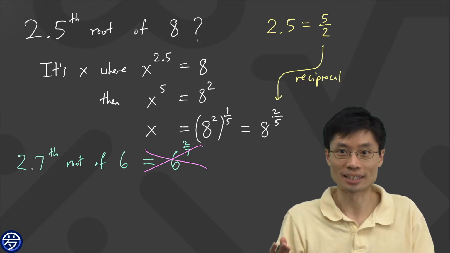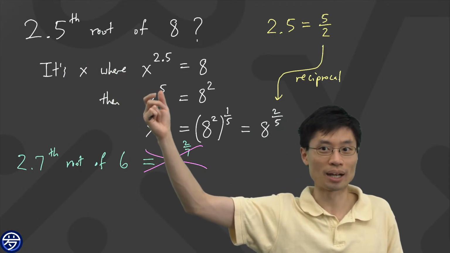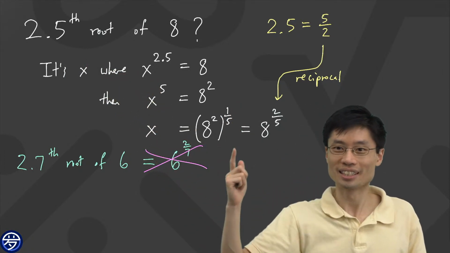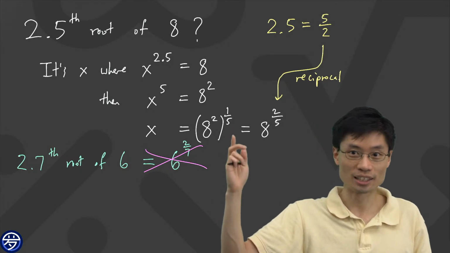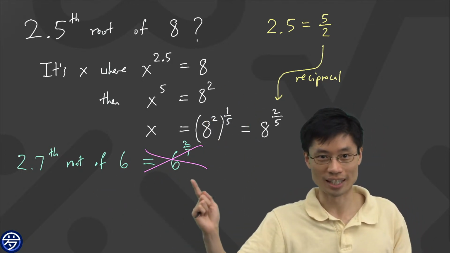That makes sense, because if I want the 2.5th root of 8, that should be 8 to the power 1 over 2.5, the same reason why the fifth root of 8 is 8 to the power 1/5. So of course it's the reciprocal. So this is not right. Don't do this.